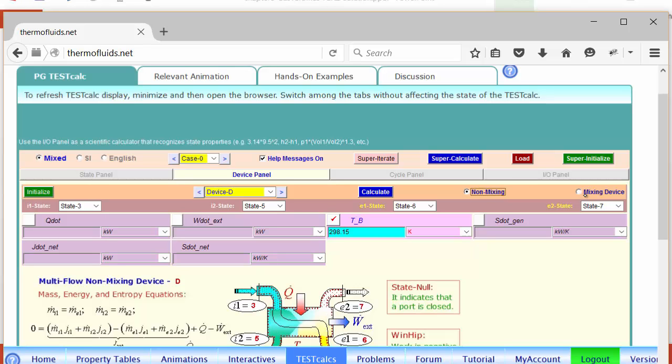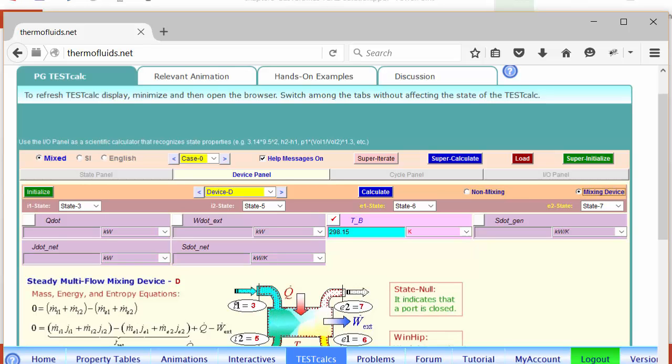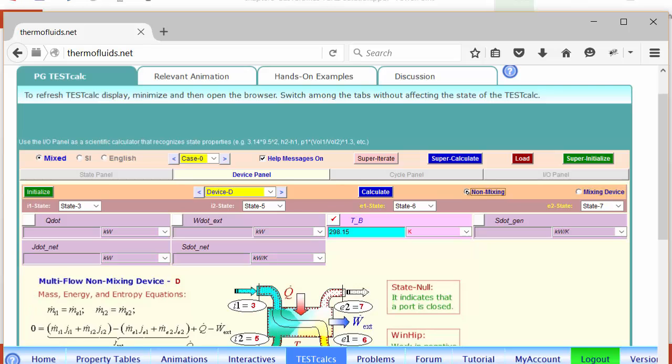If you look at the diagram, it changes. If it's a mixing device, it assumes the states 3 and 5 come in and the gases mix here and go out at 7 and 6. But this is not what a heat exchanger is. The cold gas goes from 3 to 6, and the hot gas goes from 5 to 7. As you can see, they are not mixing, they are just exchanging heat.